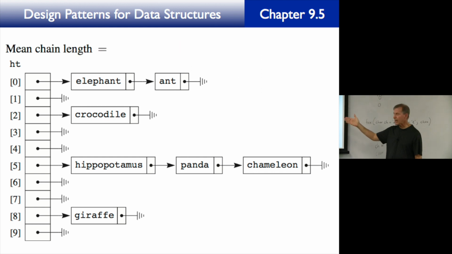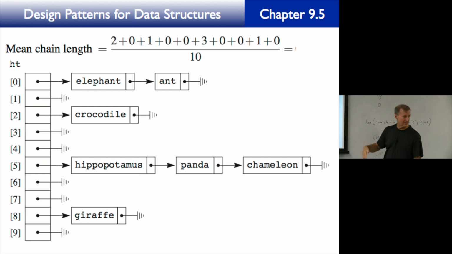What's the length of the chain at HT sub 0? 2. What is the length of the chain at 1? 0. What's the length of the chain at 5? 3. What is the average length over the whole table? You add all of them up and divide by the number.